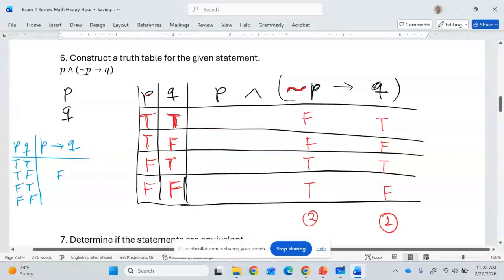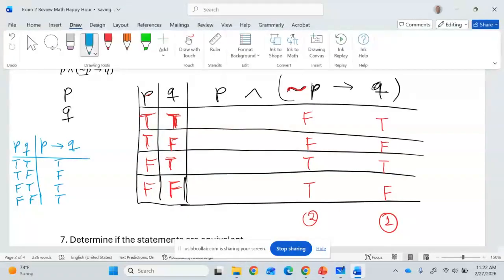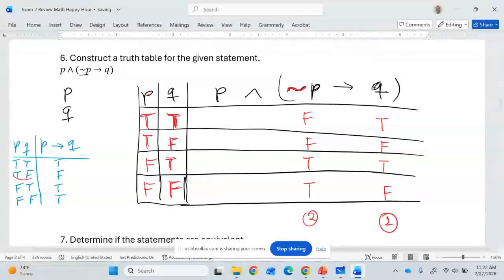So this is false. It's going to be true in all of the other cases. Basically I'm looking for that combination in that order. If I have a true on the left and a false on the right, then my answer will be false. In all of the other cases, it's going to be true.